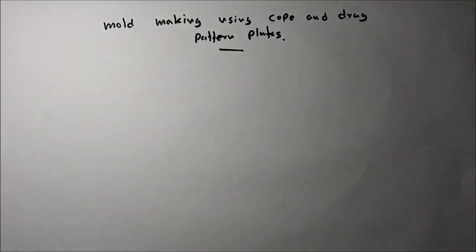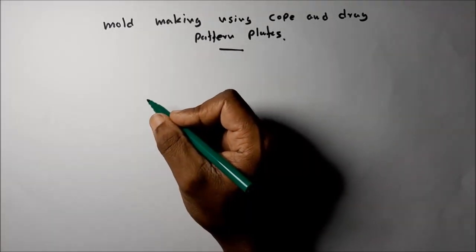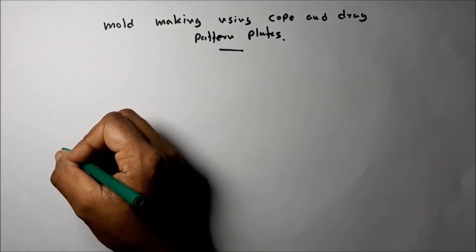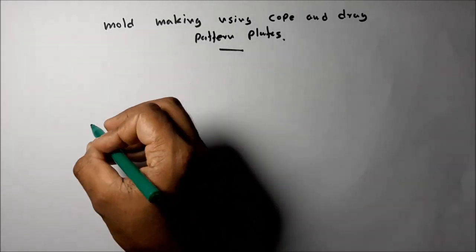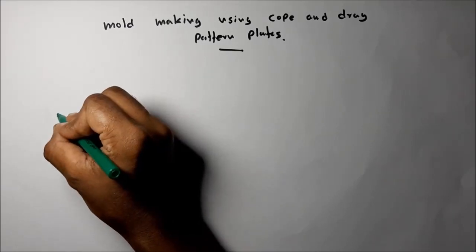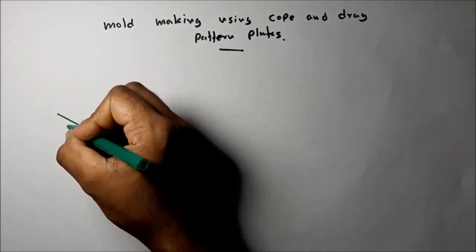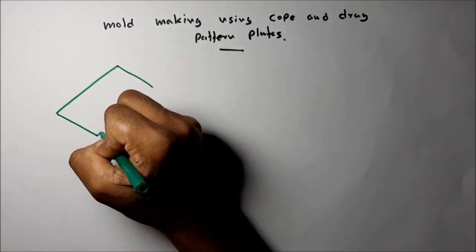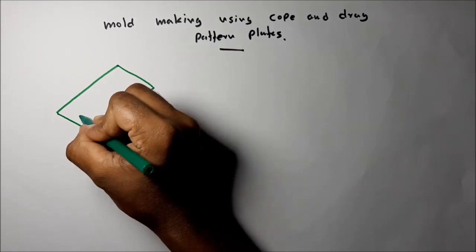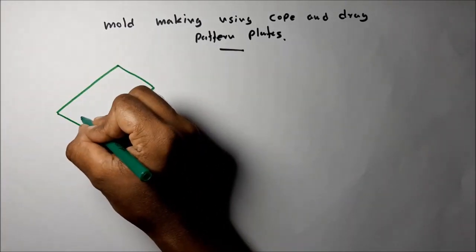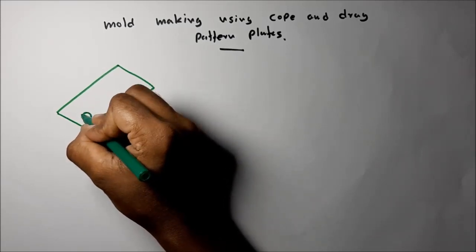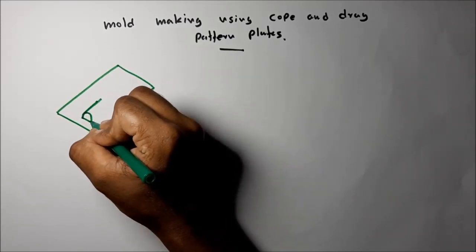The mold is made using the cope and drag pattern plates. Let's take the pattern plate. Let's take the previous sample, the cylindrical casting we are going to produce.